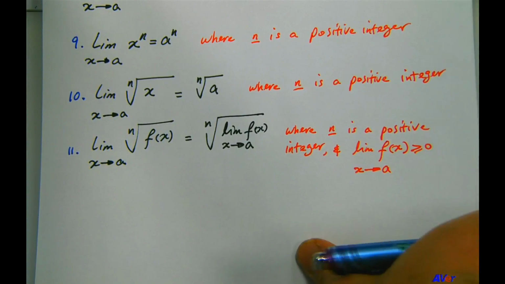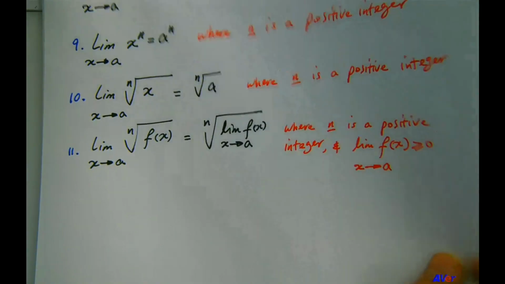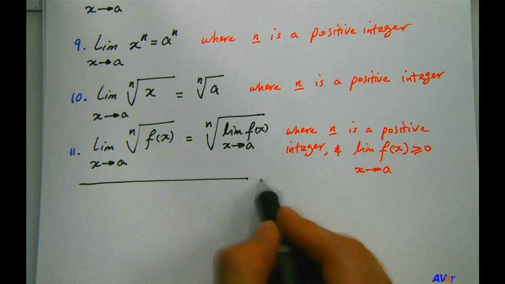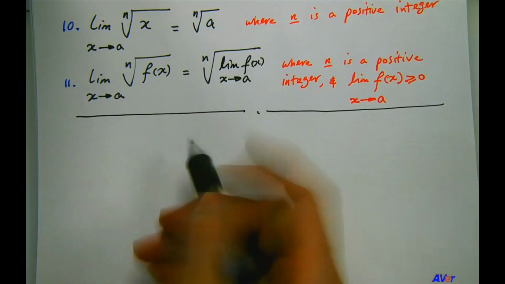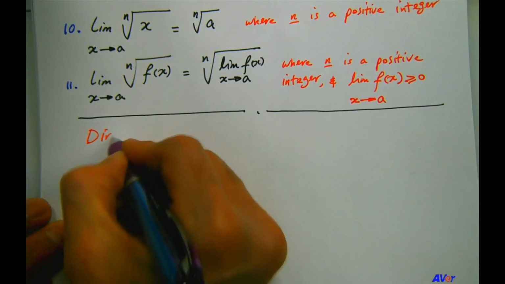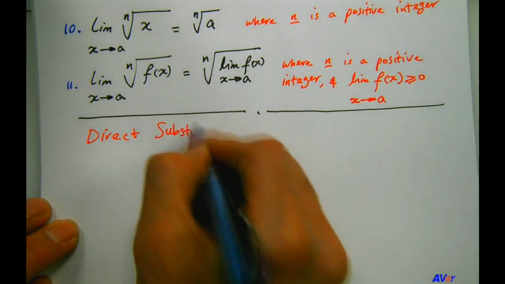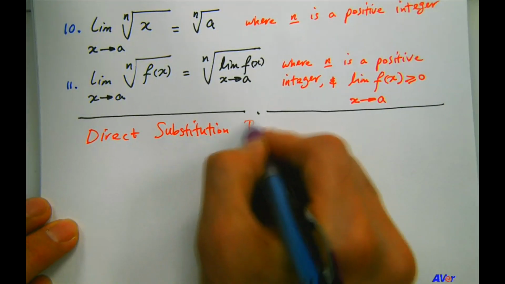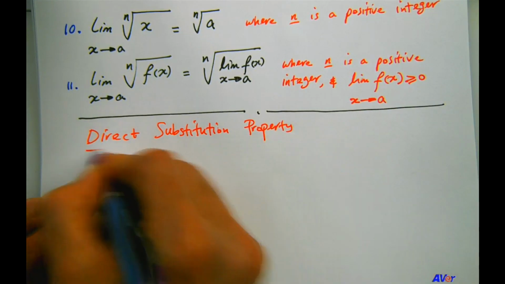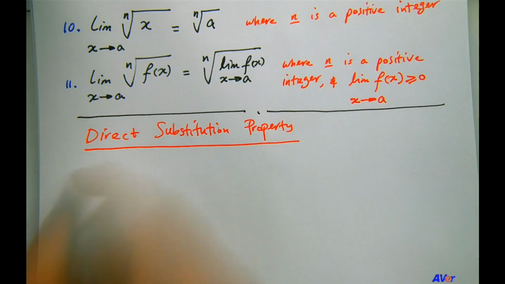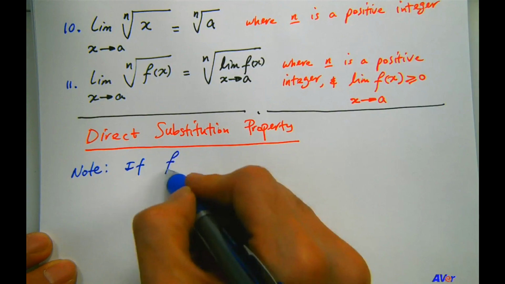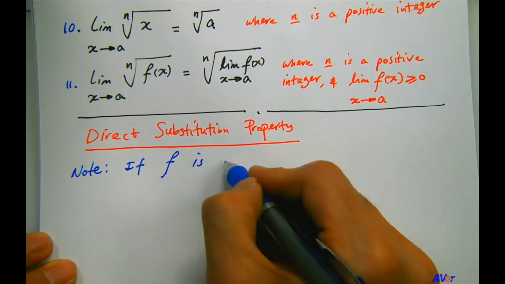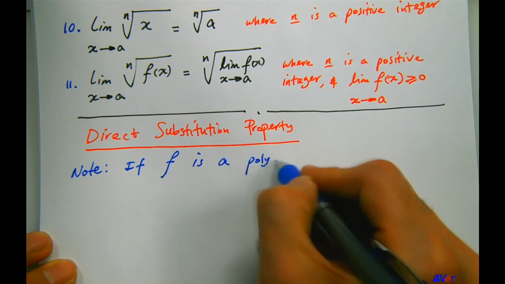Okay, so let's talk about a property that is called the direct substitution property. So suppose we have f that is a polynomial or a rational function, either one.